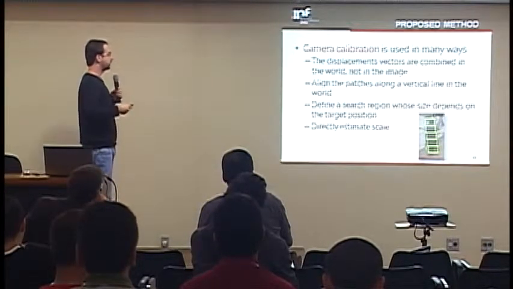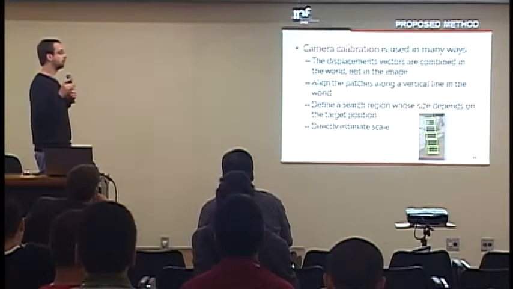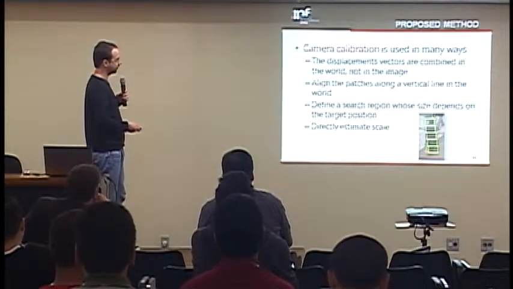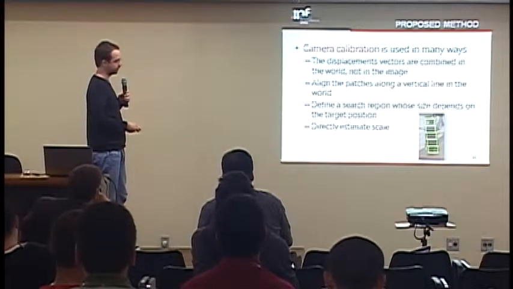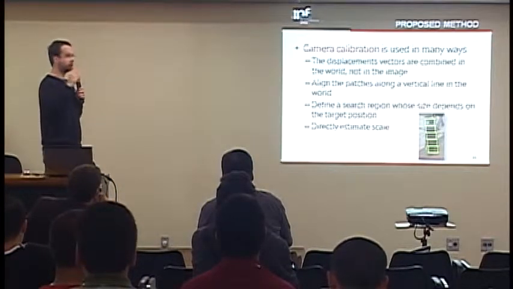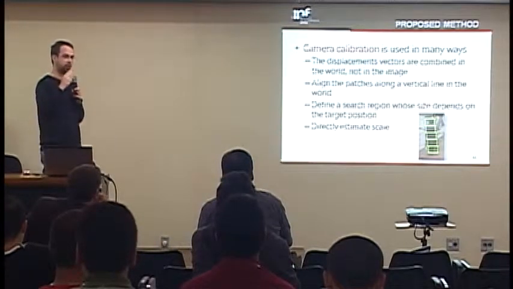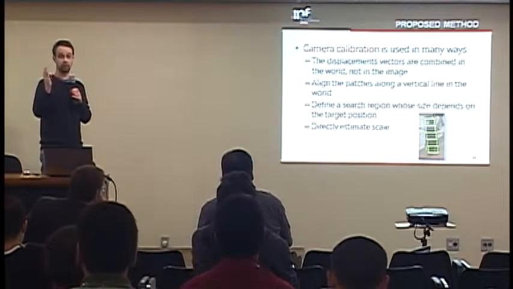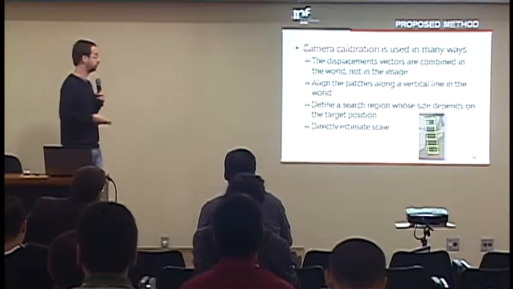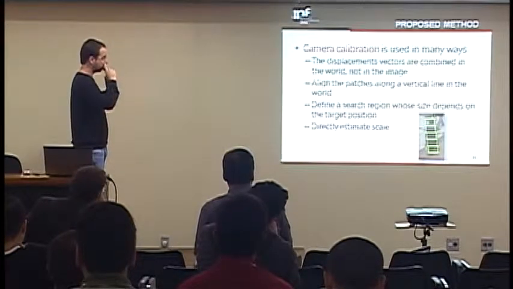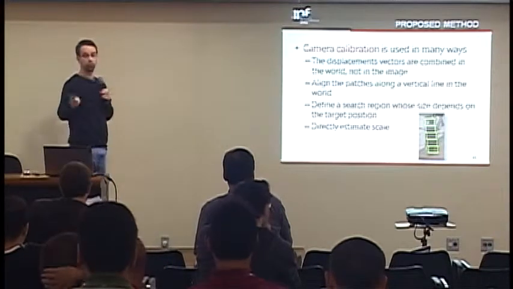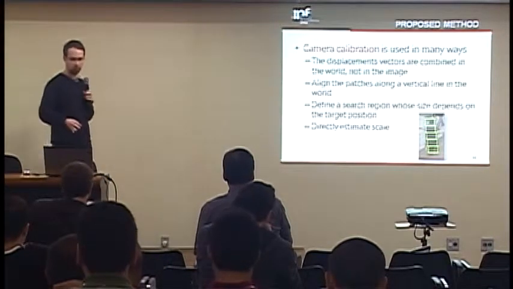Another thing is that we are going to align the patches along a vertical line in the world, not in the image. In the image, it's not vertical, the alignment of the patches, but it's vertical in the world. So the orientation of these patches is going to match pretty well the orientation that we see in the image. This is going to be clear in the visuals. We also define a search region in the world, and we estimate scale using the camera calibration. So we use as much as we can.